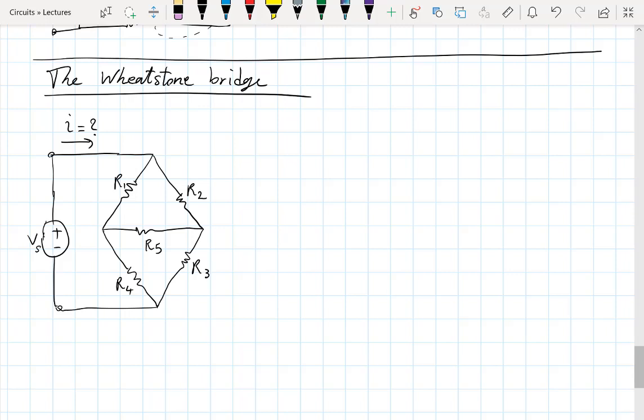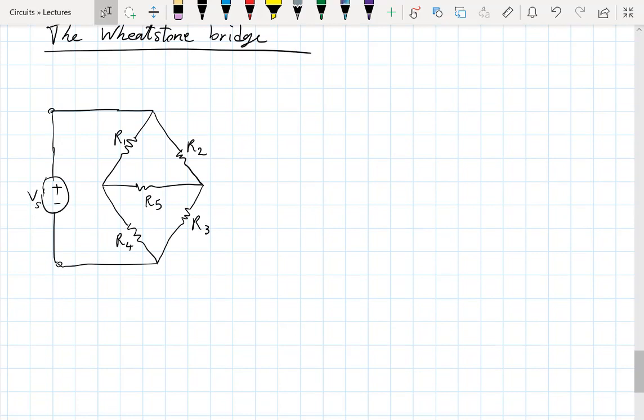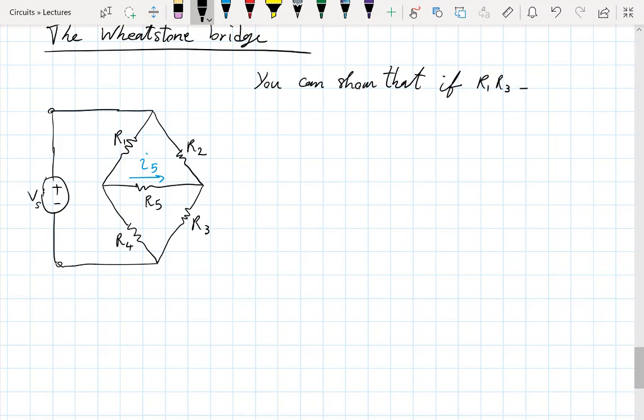You can show, using essentially any of these things that we've learned, by solving the circuit, you can show that, if you're interested in this, if R1 R3 equals R2 R4, then I5 is 0.